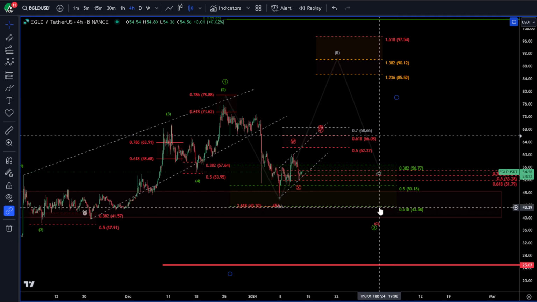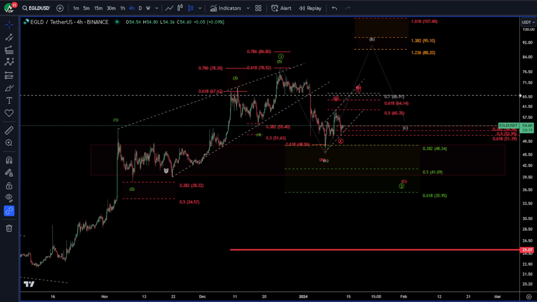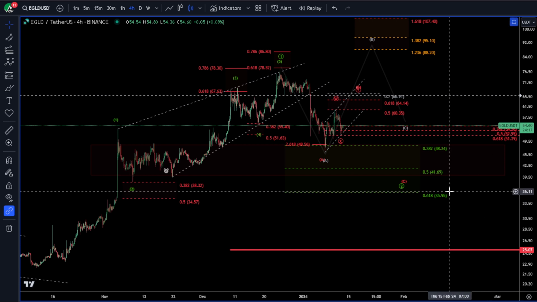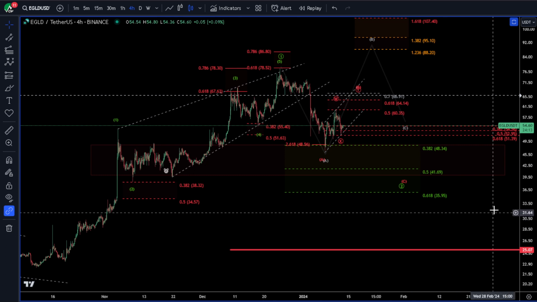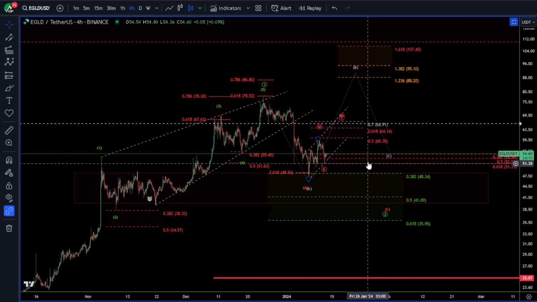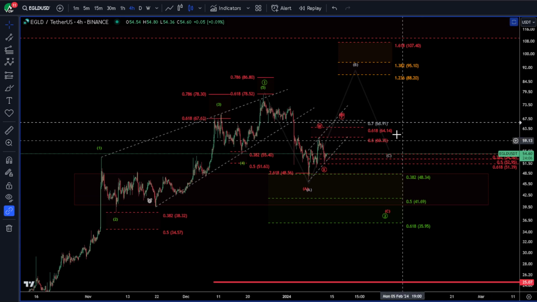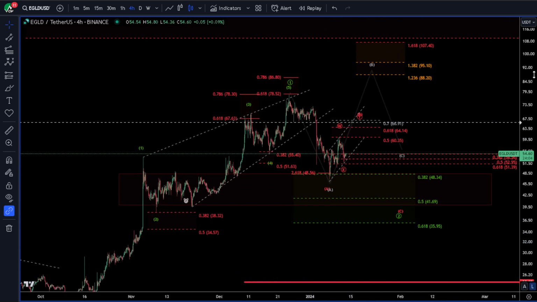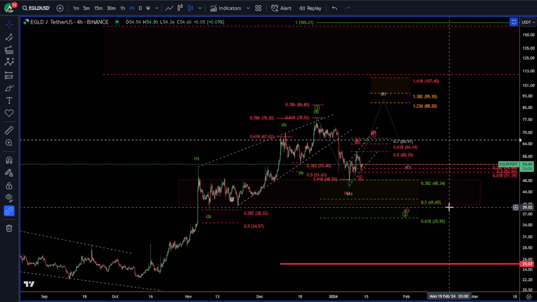I wouldn't expect it to go lower than, let me see, on log or linear, 43, lower than 35.95, and ideally hold this wave 2 level on the long term. And you can see we're pretty close to there, but I wouldn't be longing or anything, but it's a good spot to start building a bag or DCAing in.